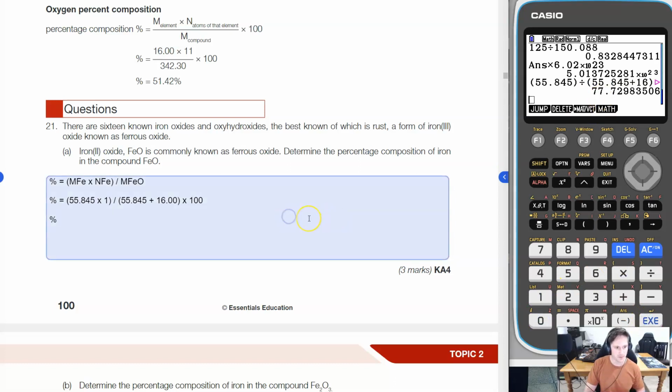Yep, so that looks pretty good. So the percentage of Fe in FeO is 77.73%.